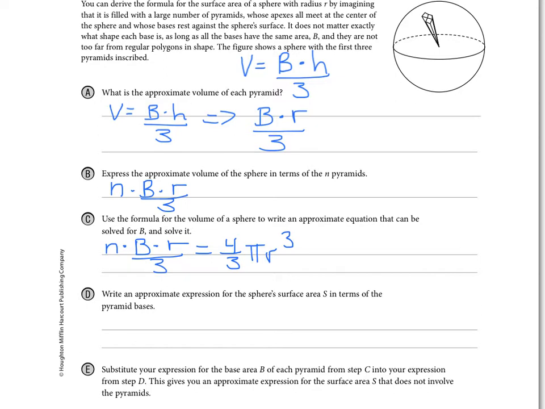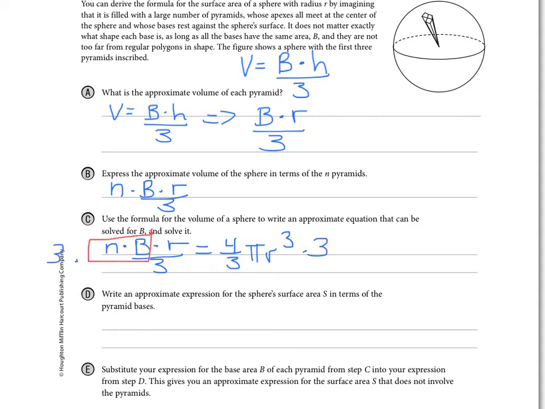And now what we want to do is basically highlight here and try to get the n number of bases of those pyramids all by itself. So I would need to take 2 steps to solve for n times b. I hope you can agree. To get rid of my denominator of 3 here, I'm going to need to multiply both sides of the equation by 3.